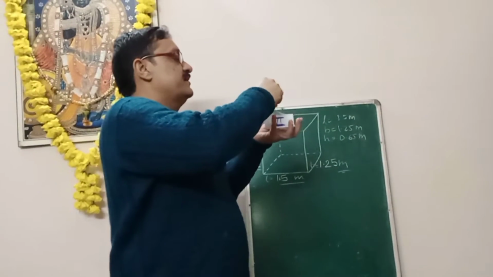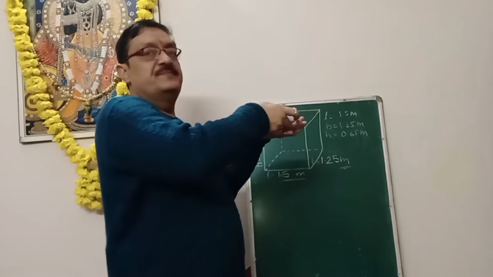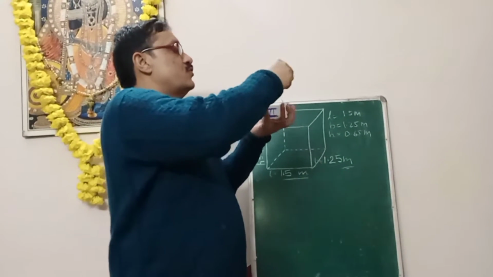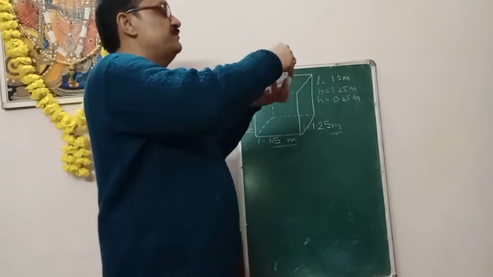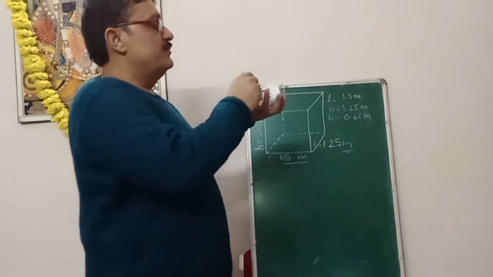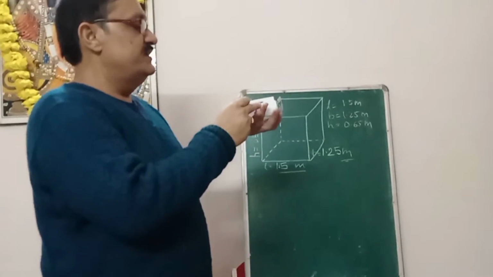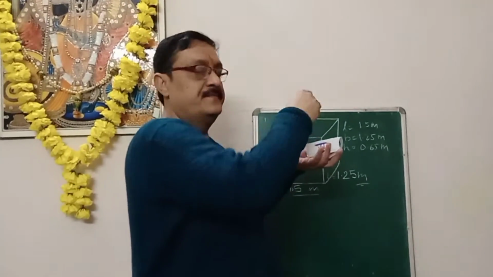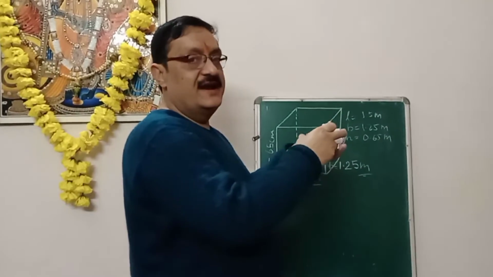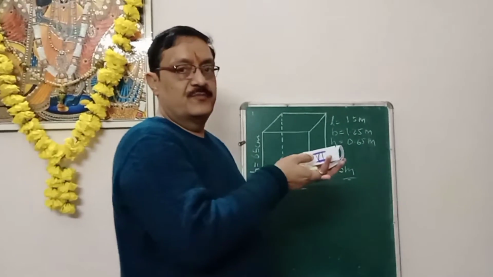This box has no top. So in this particular problem, we have 5 faces: the pair of front and rear, the pair of these two sides, and the bottom one.